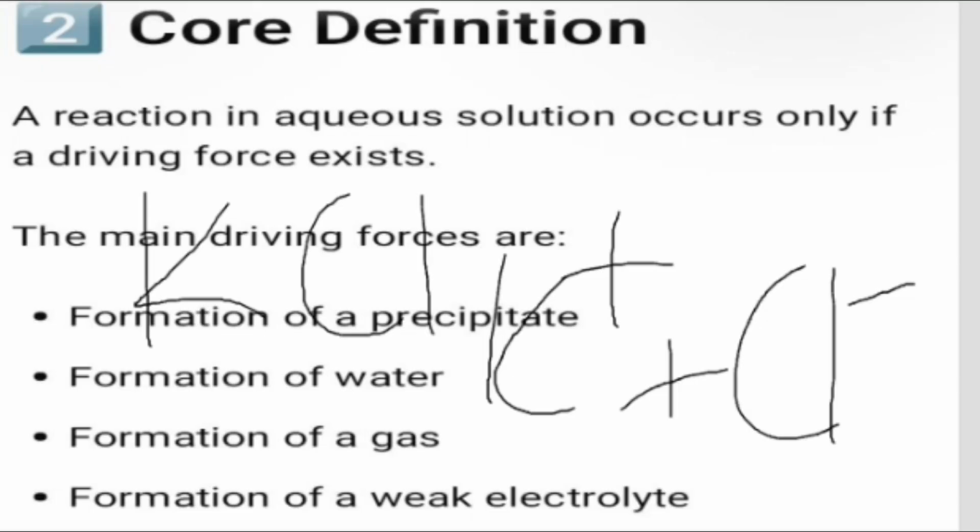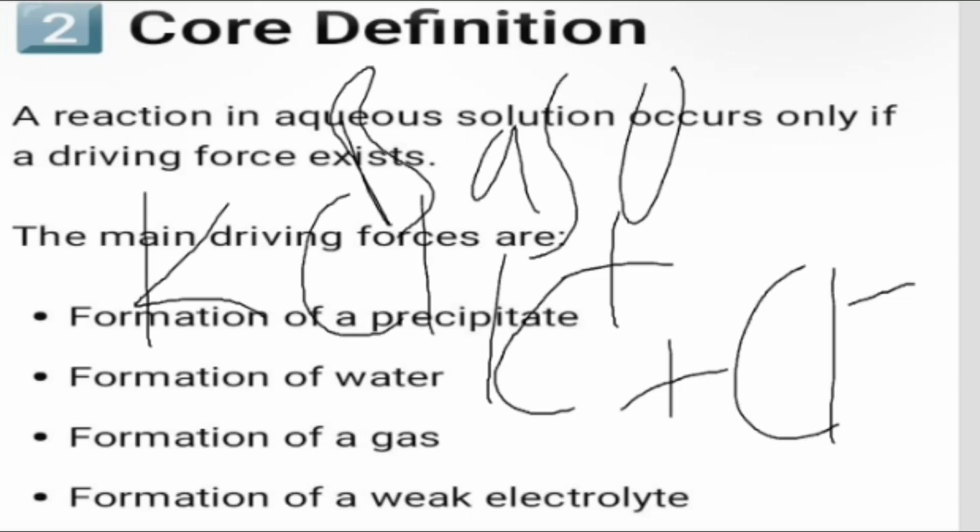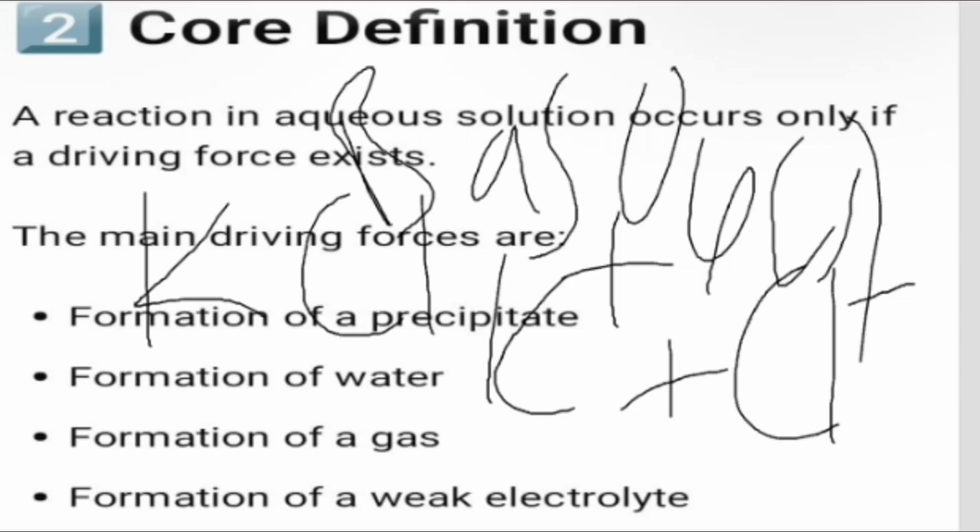That's where you usually find things like barium sulfate as a solid. It is not going to be broken down into ions. So for a reaction in aqueous solution to occur, there should be something like barium sulfate, which has not been dissolved into ions. That's where a reaction can occur.